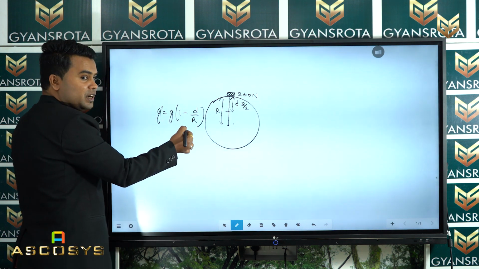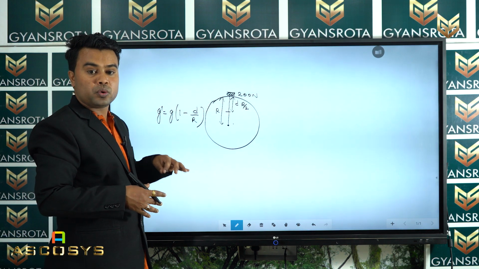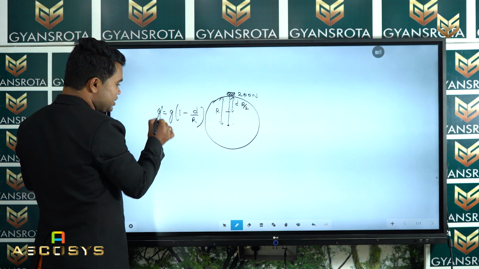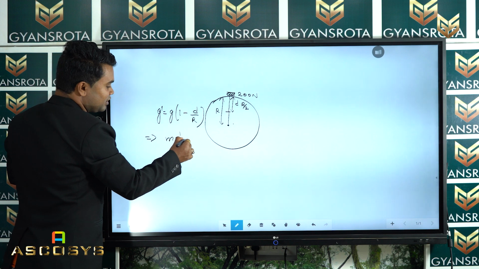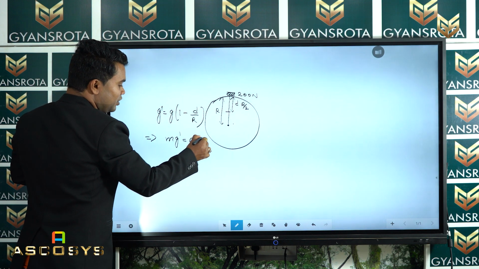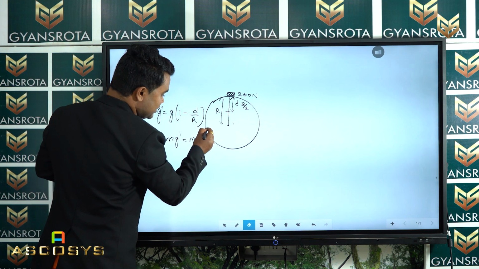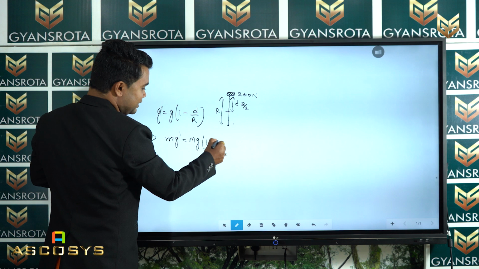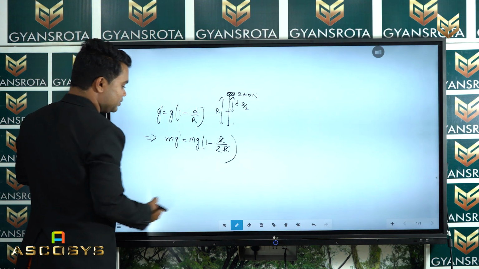This formula we have already seen. Acceleration due to gravity as we go below the earth's surface, right? So, what is your g dash? It can be written as mg dash, which is equals to mg into 1 minus, in place of d, that is r by 2, then r gets cancelled out.